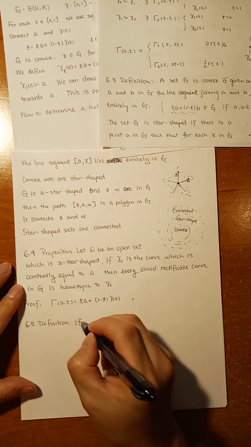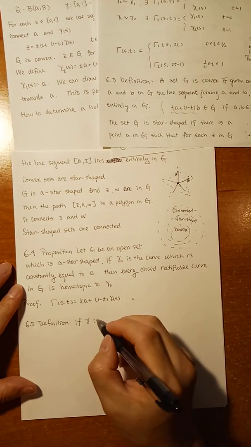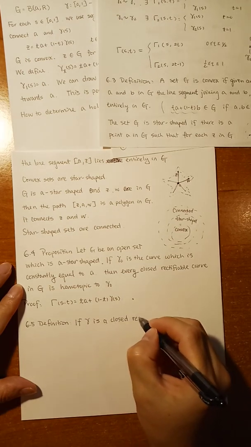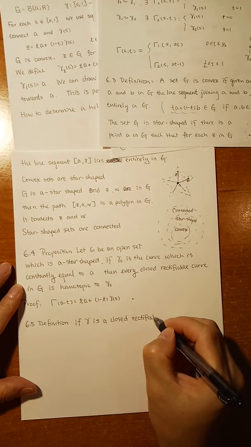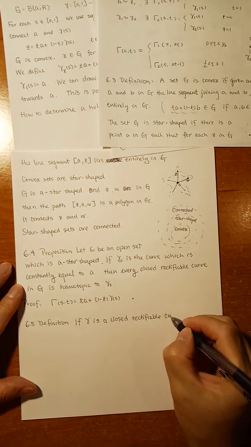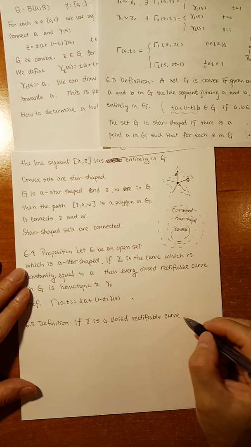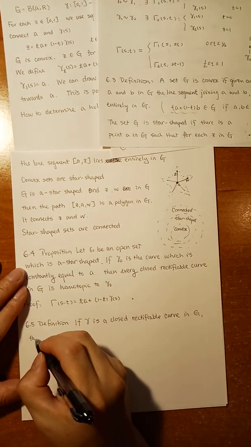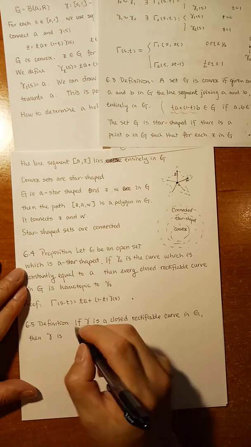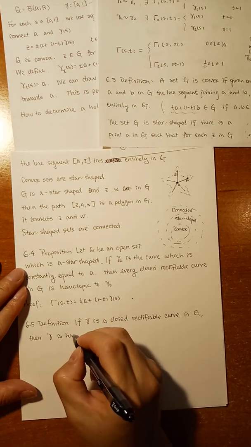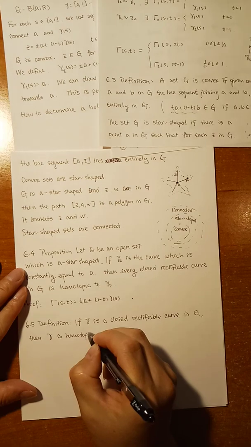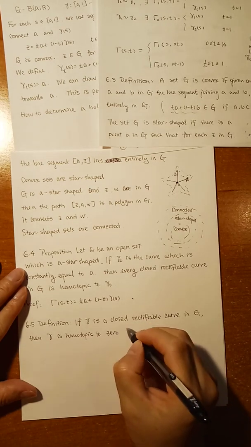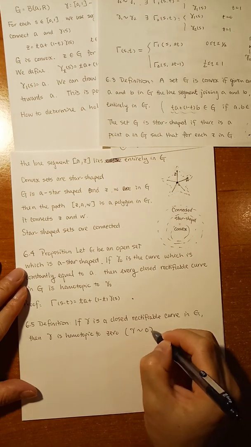If gamma is a closed rectifiable curve in G, then gamma is homotopic to 0. Like gamma homotopic to 0.